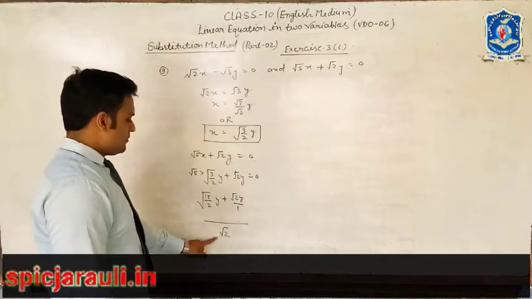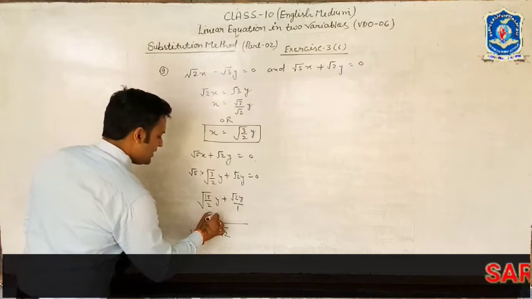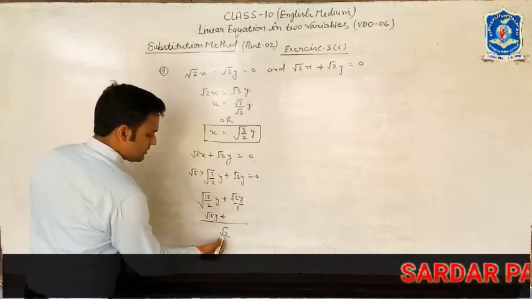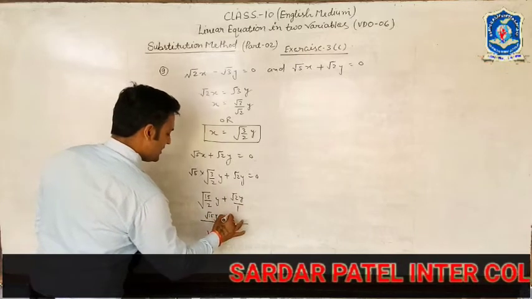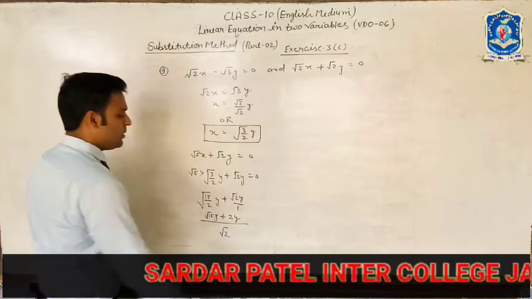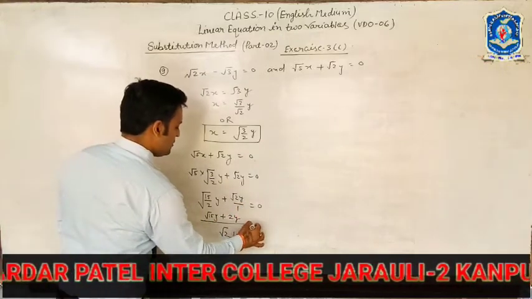Root 2 will be cancelled. Then root 15y plus root 2 multiplied by root 2 gives 2y, is equals to 0.